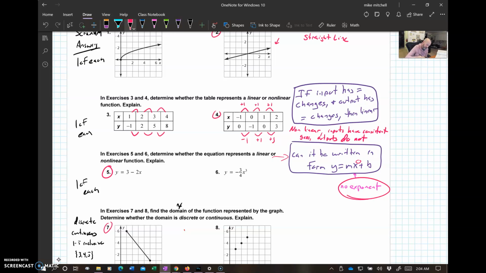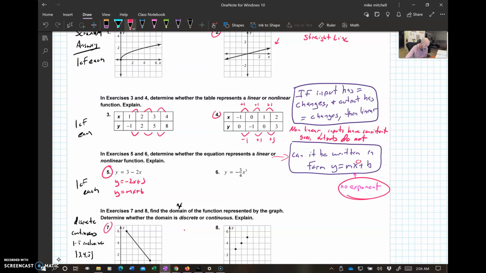Is number 5 a function? Well, we can rewrite this. Try to rewrite it. Pause it. See if you can rewrite it as y equals mx plus b. Pause. You've unpaused. y equals negative 2x plus 3. That's y equals mx plus b form. You're looking pretty good.